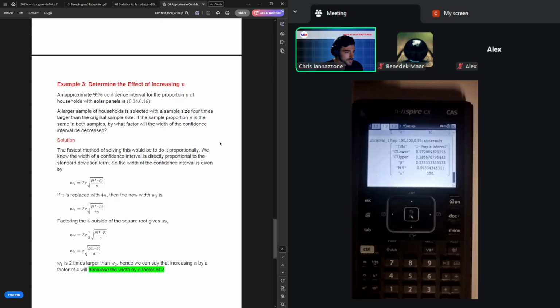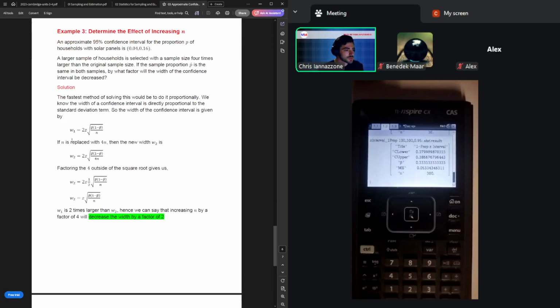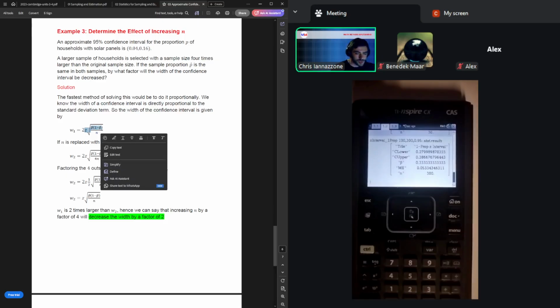There's a bunch of ways you could do this. I've seen a couple of ways. I think the most understandable way to go about it would be to write it purely algebraically with whatever information you have, and try to keep it as high level as possible. Putting more numbers in there just complicates things. So the thing to understand here is that the width of your confidence interval is always just 2 times the standard deviation term.